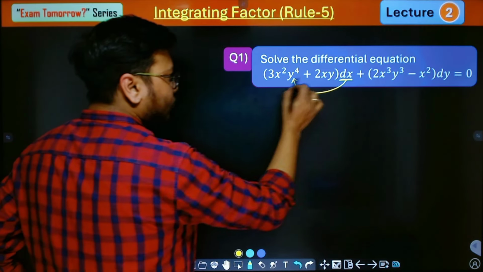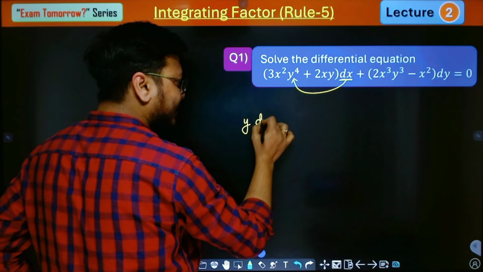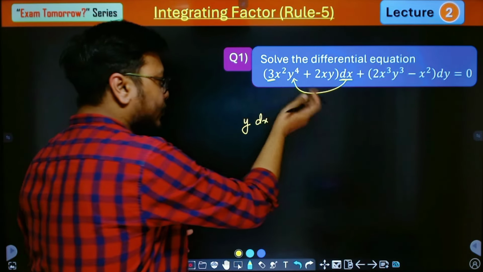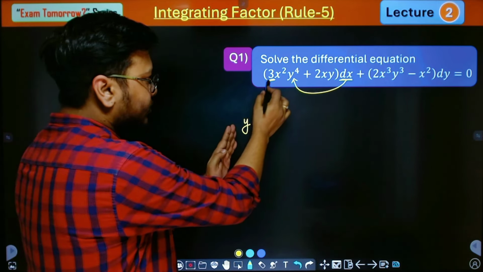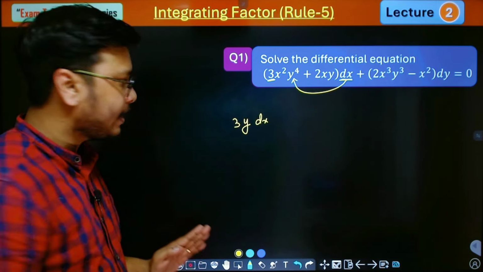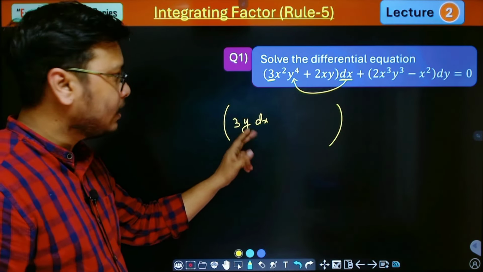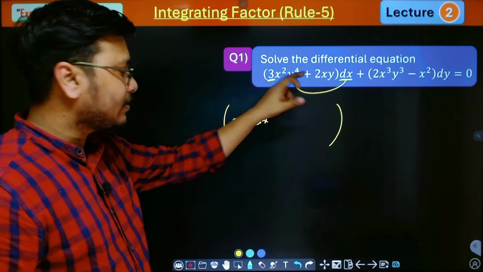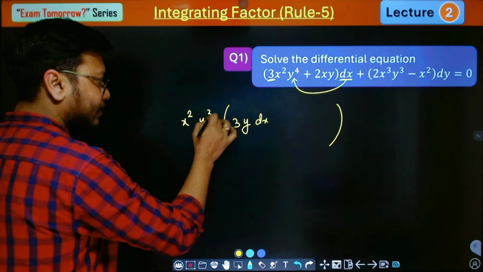Upon this multiplication, I am keeping the y and the dx. What's the constant? Remember, you cannot keep the constant outside. You have to keep the constant along with the y. The constant is 3. So write a 3. So I have associated dx with one y. Now what is left out? I have x square and y to the power 3 left out. So write it outside: x square, y to the power 3.